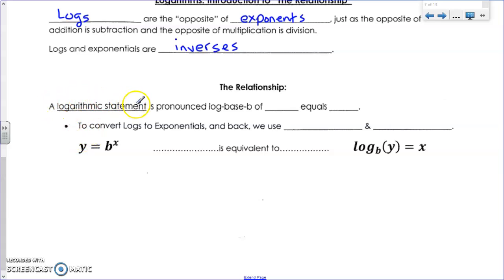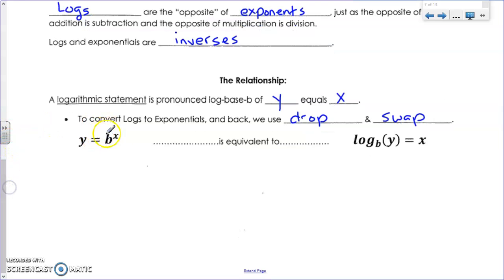A logarithmic statement is pronounced log base b of y equals x. To convert logs to exponents and back, we're going to use what's called the drop and swap method. Don't you love all these math methods? So the drop and swap, okay? So if I have y equals b to the x, I'm going to drop my base and I'm going to swap my x and my y, okay?